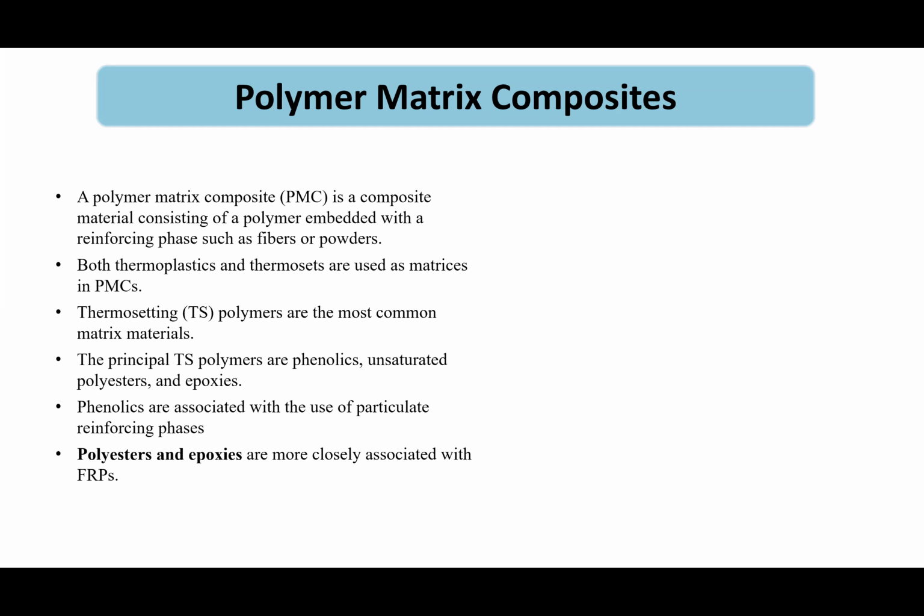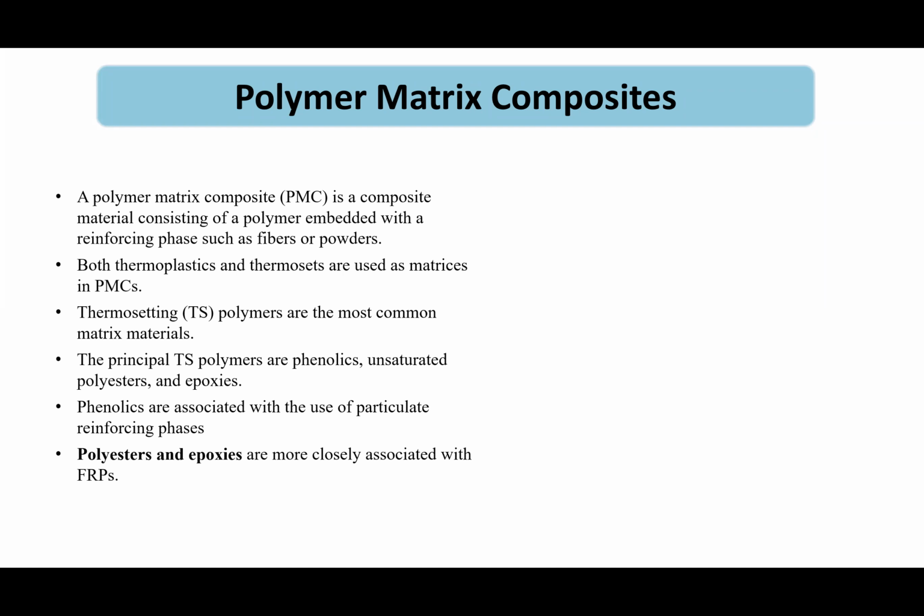I think you already know a lot about epoxy. Epoxy is the most widely used thermosetting polymer for producing polymer matrix composites. So polyester, phenolics, or epoxy are the matrix components of a composite.